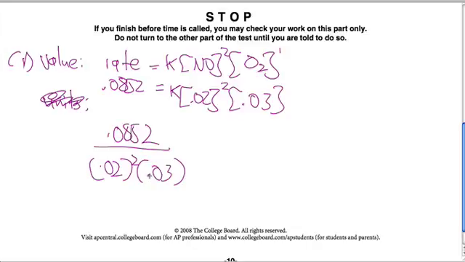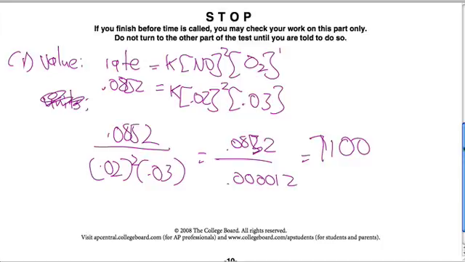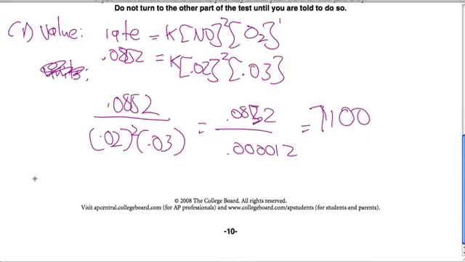Let's do that in our calculator here. So clear, 0.02 times 0.02 equals, that times 0.03 equals that. Then 0.0852 divided by that. Okay, so this equals 7,100.